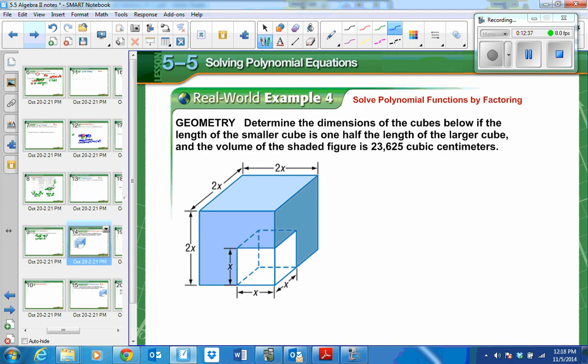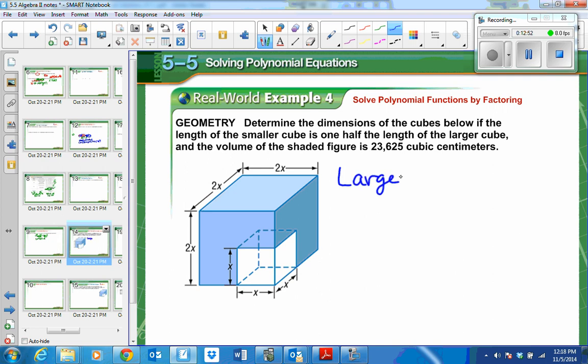All right, determine the dimensions of the cubes below. If the length of the smaller cube is 1/2 the length of the larger cube, and the volume of the shaded figure is 23,625.